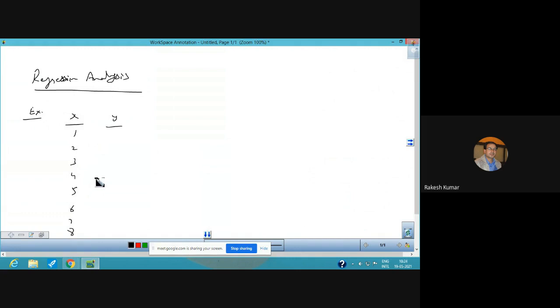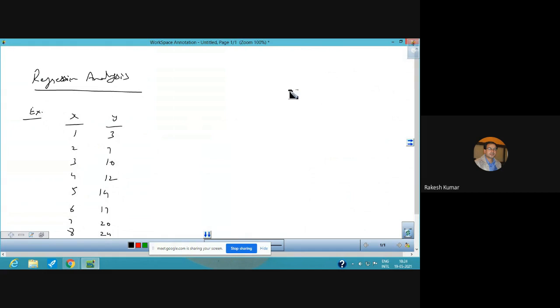Similarly, y has values 3, 7, 10, 12, 14, 17, 20, and 24. We want to find out the regression coefficients.